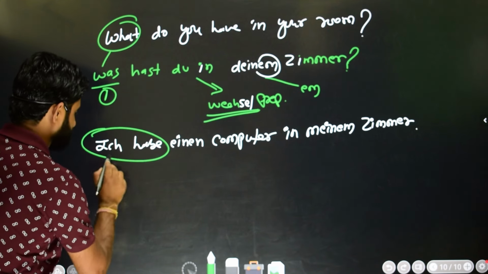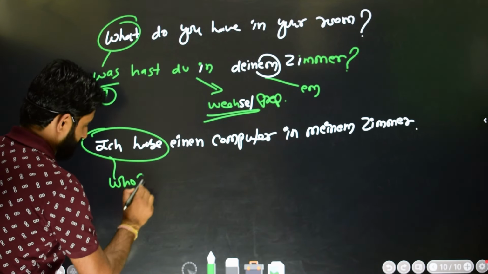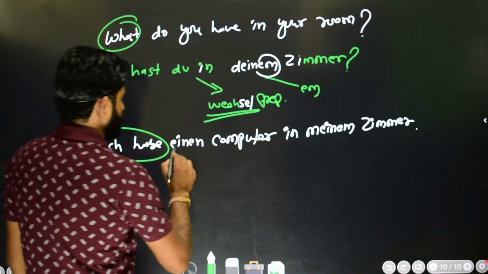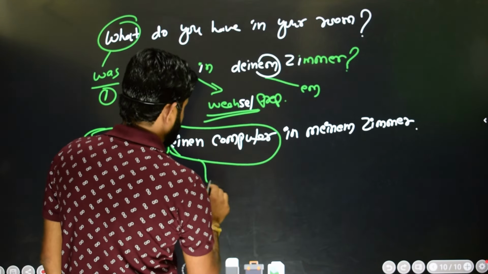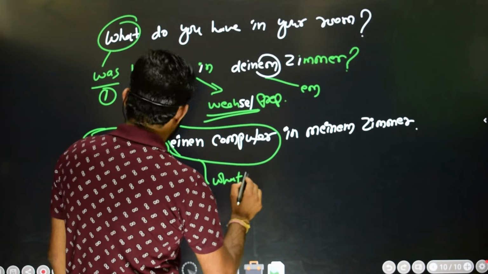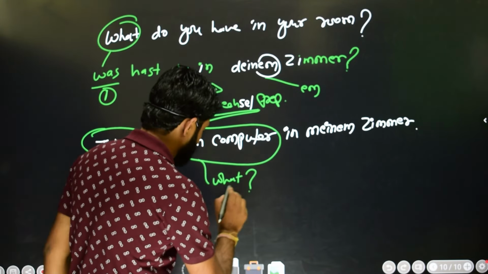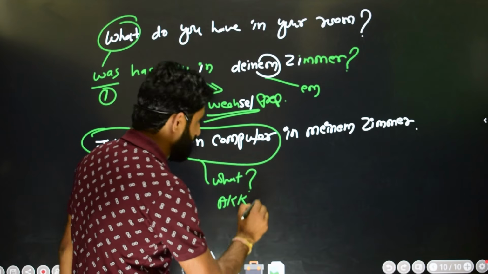Who has? Nominative. Here the question is with what? What do I have? I have a computer. Question is with what? That is the reason accusative.